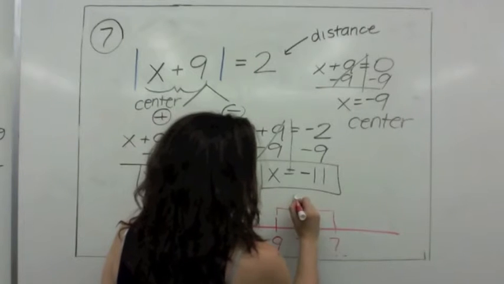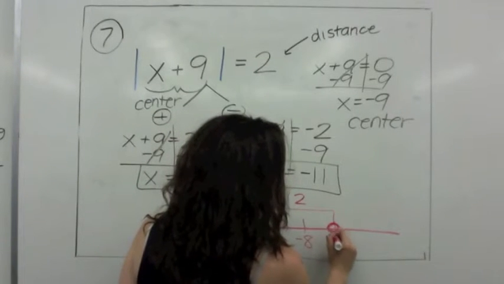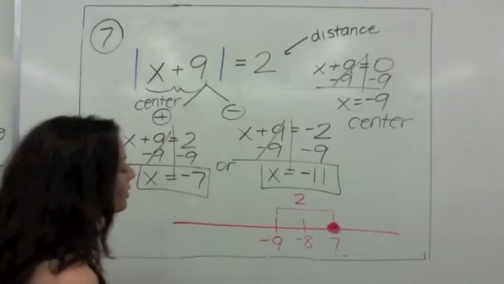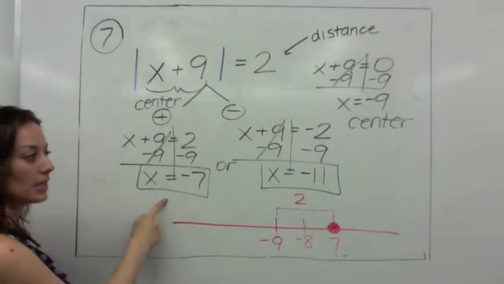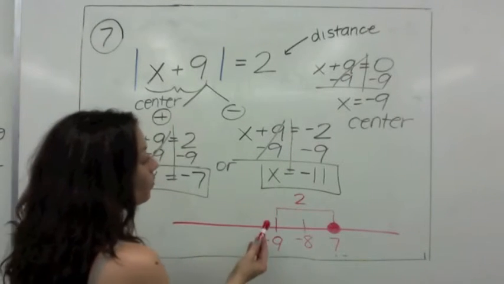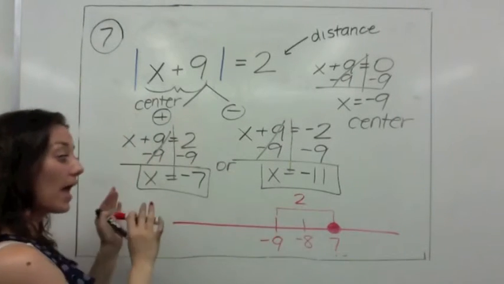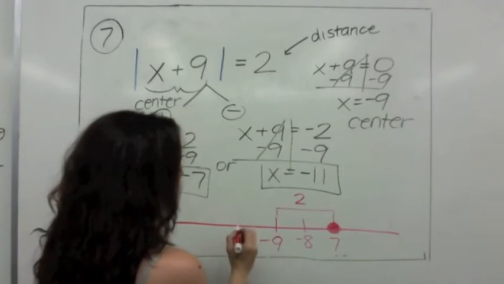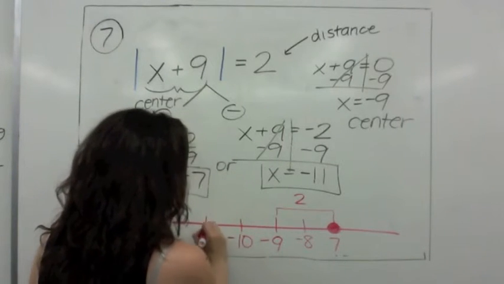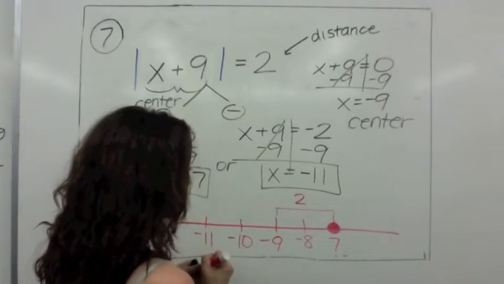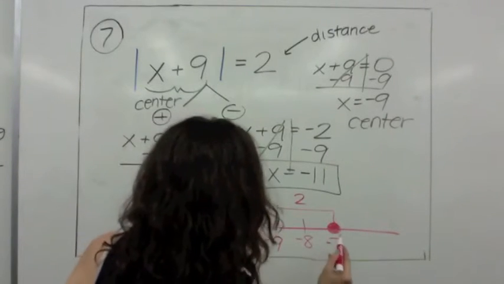If you go a distance of 2, you would get to negative 7. Is negative 7 one of my answers? Hallelujah. Yes, it is. And then if you want to go 2 away, or farther away from 9, you go negative 10, negative 11. Did I do this wrong? No, I did it right. Okay, good.